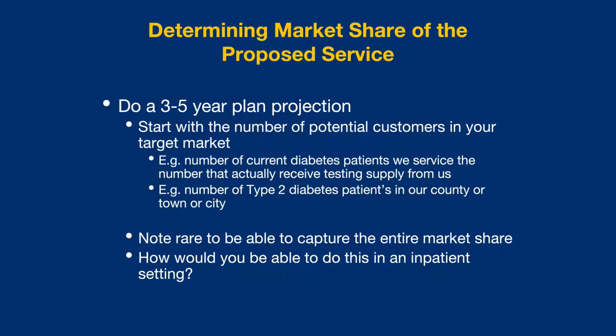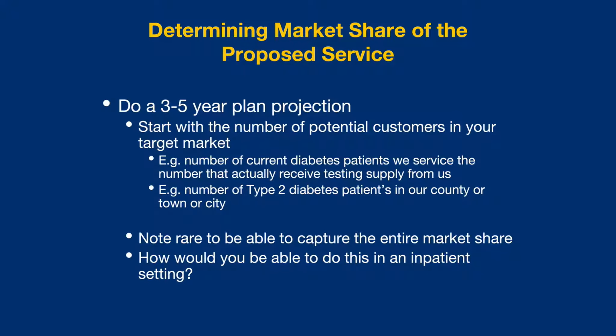I can then look at how many of those patients are actually getting testing supply, glucometer testing supply from us, and say that maybe only 25% of them are. So maybe our projection is that with our education program, we're going to grow by 25 additional percent of patients to get testing supplies from us.